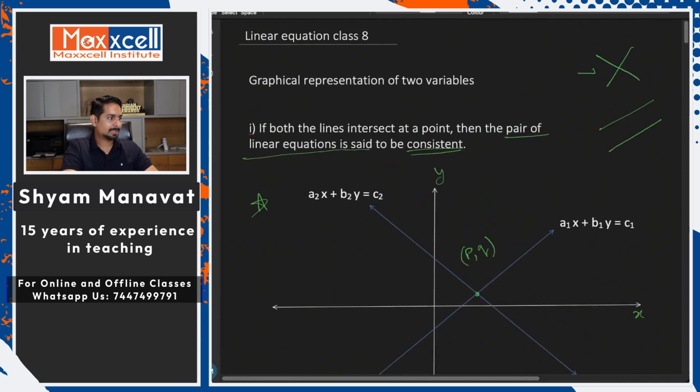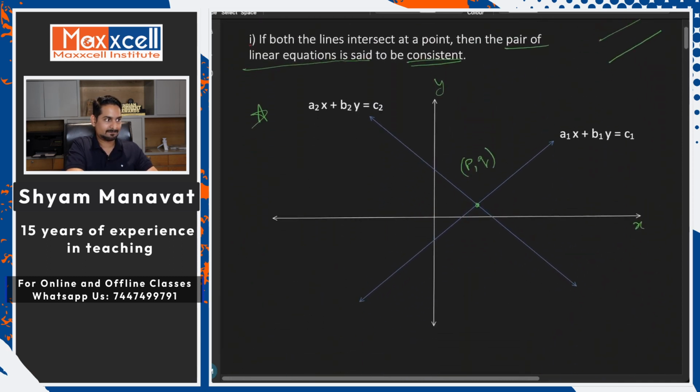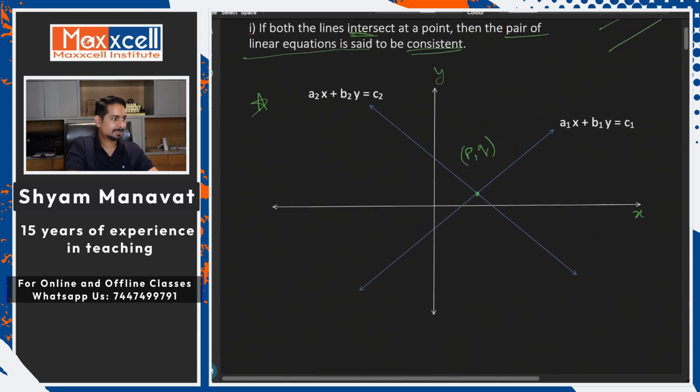Okay, let me write it here. This is the case of consistent when the lines intersect. And when do we say that lines intersect? When a1 upon a2 is not equal to b1 upon b2, then this is the case. So if you have drawn this diagram, you can also write this here.